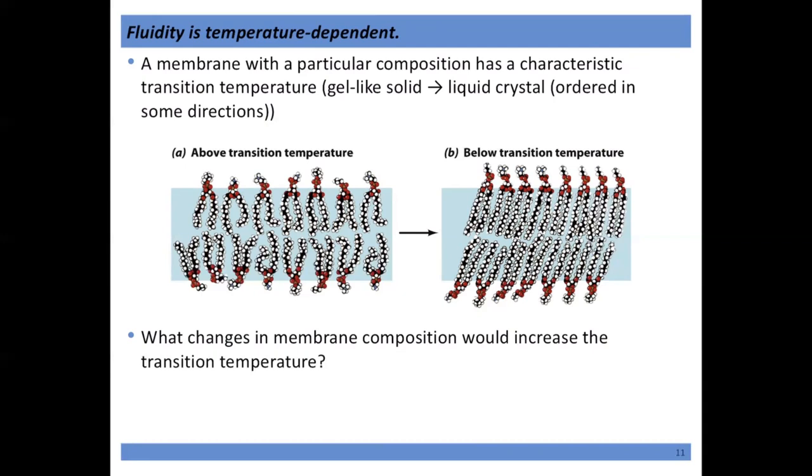Something that I remember way back when I took biochemistry was that reindeer in their ankles and lower legs actually have a higher degree of unsaturated fatty acids in their membranes. And it's thought that the reason they have those is because they're standing in snow, and you don't want those membranes to solidify. You want them to remain fluid.